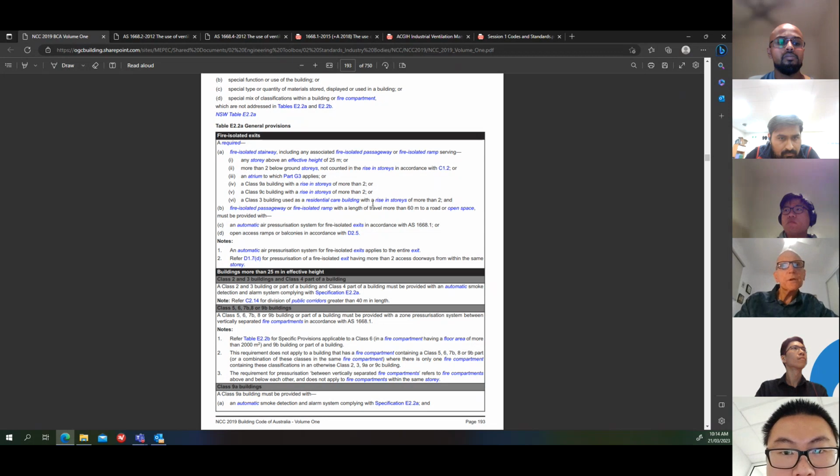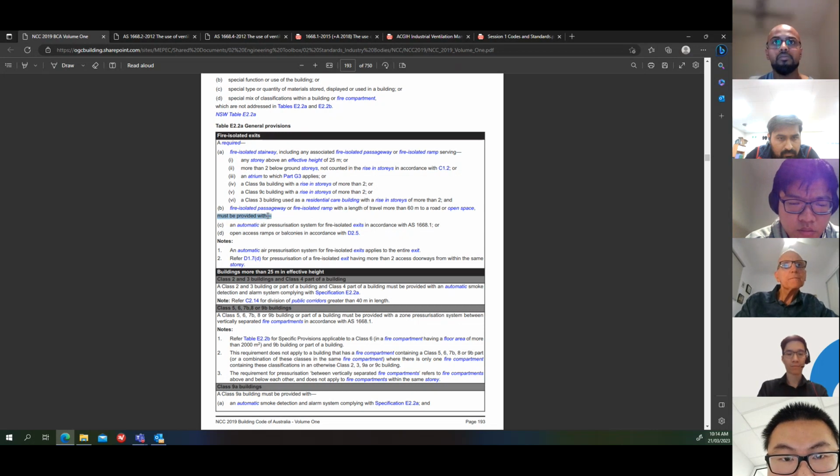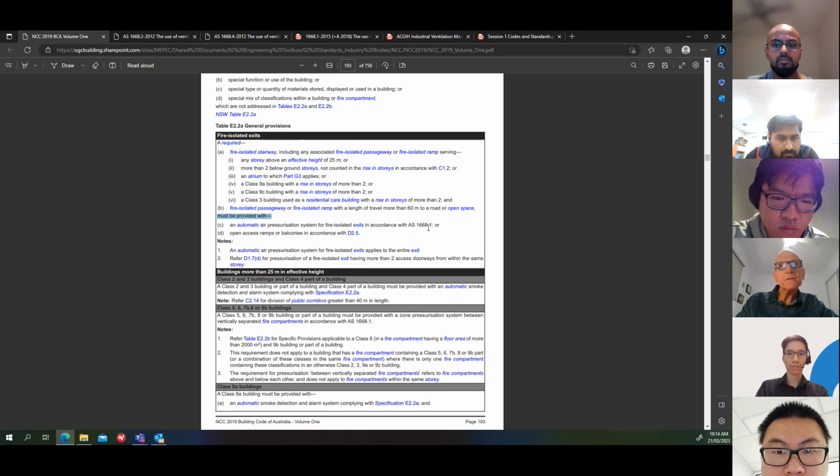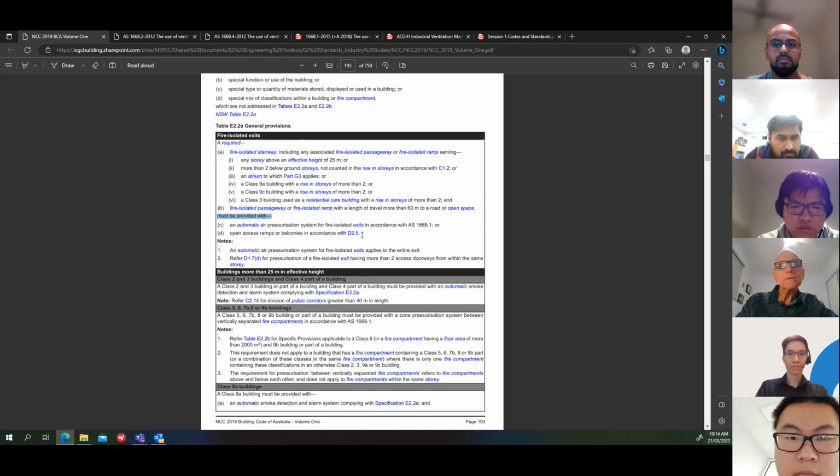So any of these situations, but here we've got an and: fire isolated passageway or fire isolated ramp with a length of travel more than 60 metres to a road or open space must be provided with, okay, I'm just stressing that a little bit, an automatic air pressurisation system in accordance with AS1668 Part 1, or open access ramps or balconies in accordance with D 2.5.